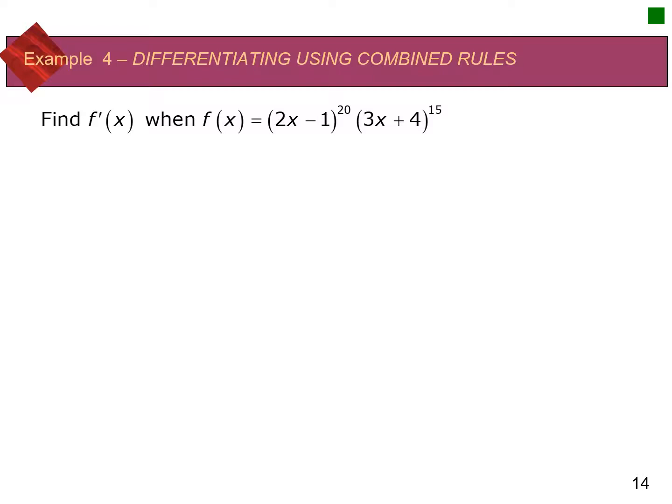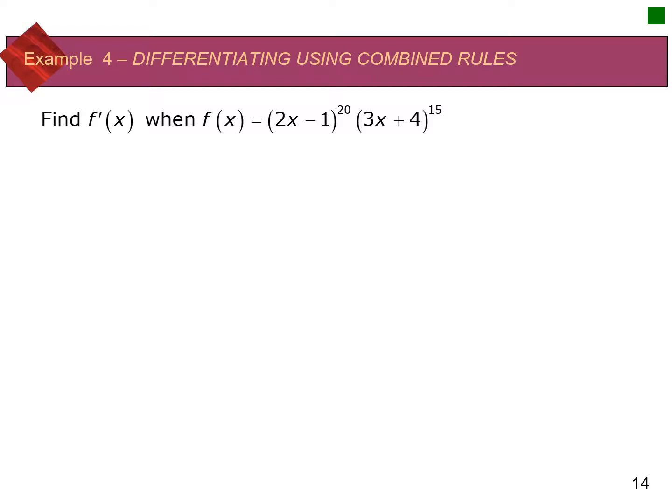And 3x plus 4, multiplied by itself 15 times, would give me a very similar-looking expression as well. Neither of which would be very easy to work with. And so this is an instance where the chain rule does come in handy, but you can also see that these two things are being multiplied together. So I will need to use the product rule as well.